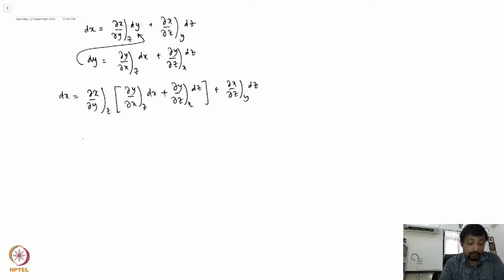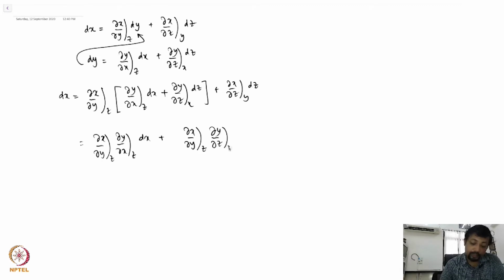Open the brackets: (∂x/∂y)_z (∂y/∂x)_z dx plus [(∂x/∂y)_z (∂y/∂z)_x plus (∂x/∂z)_y] times dz.